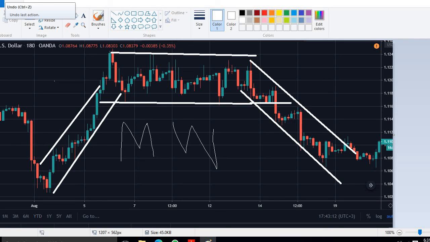So go on your platform right now, go and identify your supply zone and your demand zone. Go and identify your downtrend and your uptrend. Go draw trend lines and see what is happening.